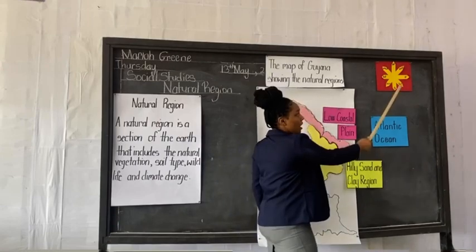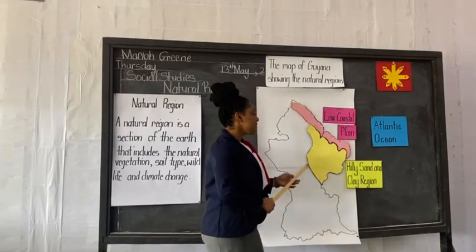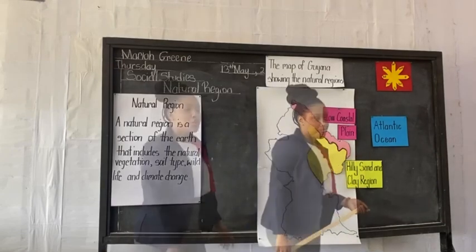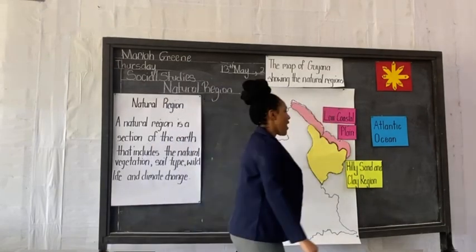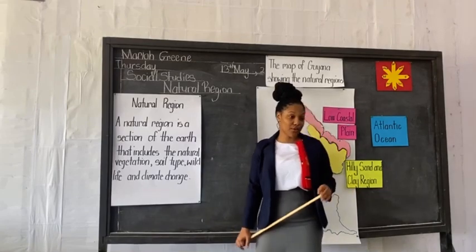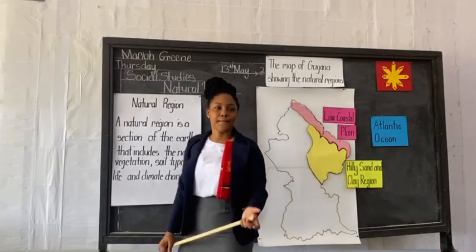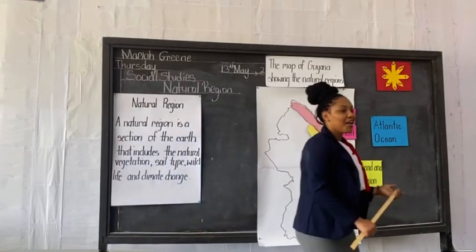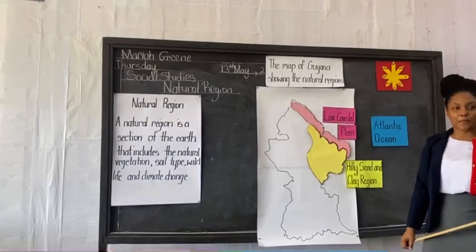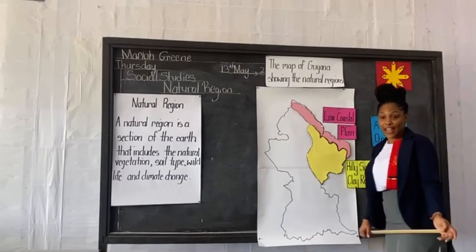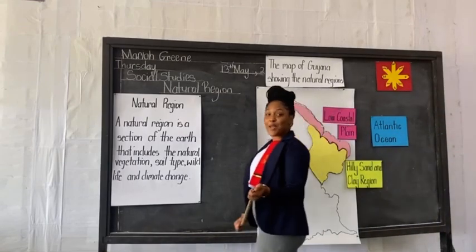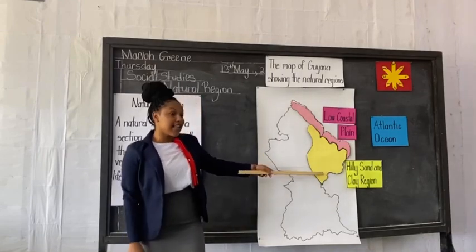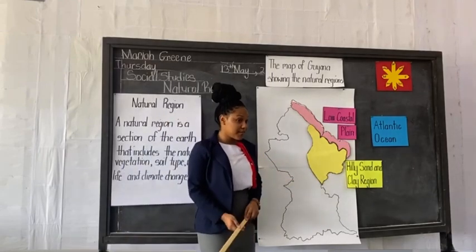So from our compass, you can see that the hilly sand and clay region is located to the east of Guyana. So can anyone tell me why it is called the hilly sand and clay region? Because they have a lot of sand in this region. Okay, Peter, anyone else? There's a lot of clay, Emily's saying. Okay. And do we know that this is the natural region we live in?